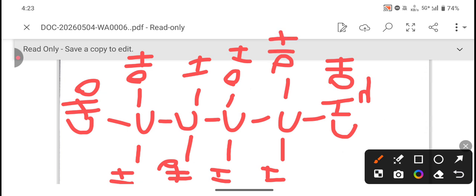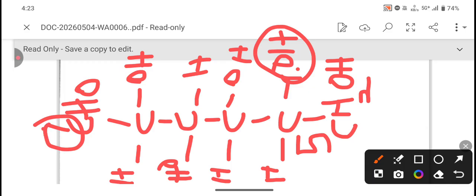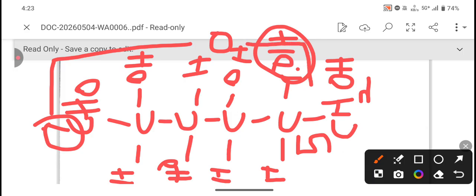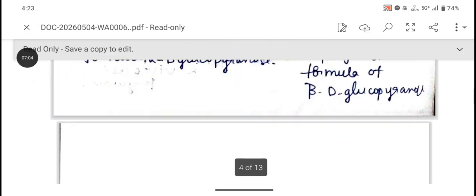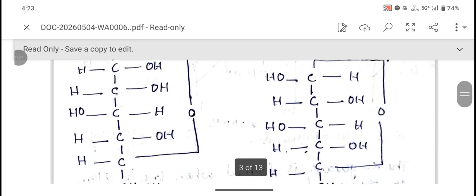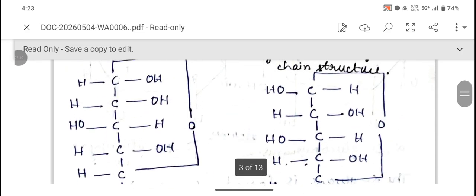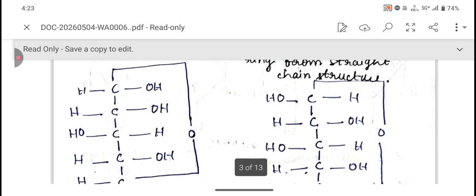If the hemiacetal form is to be formed, the hydroxyl group of the fifth carbon atom condenses with the first carbon atom, which leads to the formation of a hemiacetal ring like this. These are the hemiacetal ring structures.